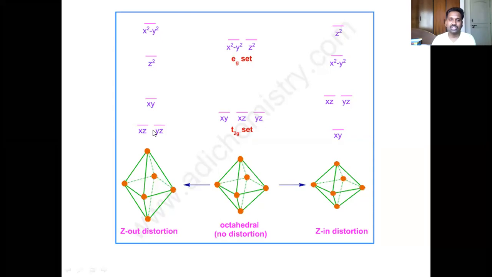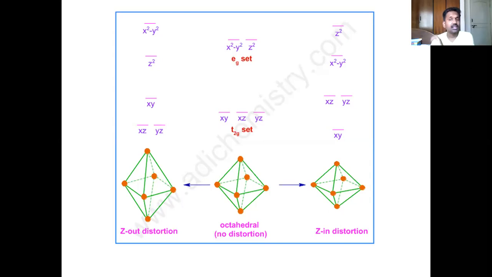So in Z out, this is the splitting pattern: xz, yz the ground state, and then xy, z square, x square minus y square. In Z in distortion, what happens? 2 axial ligands move closer, therefore there is more repulsion.